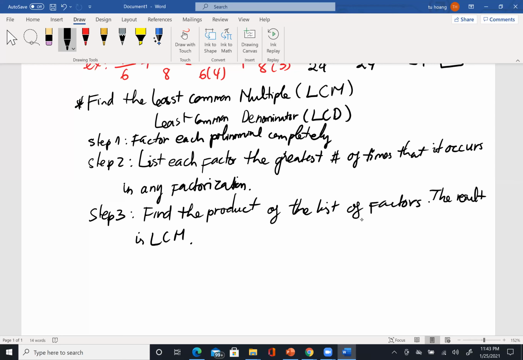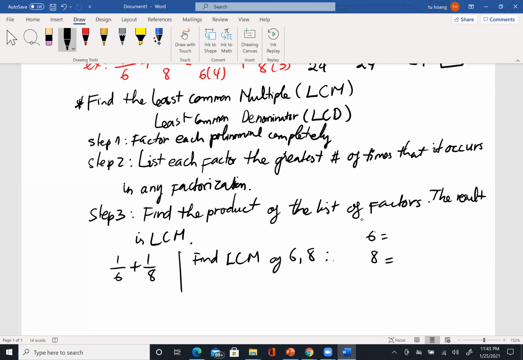Okay, so let's come back to the example 1 over 6 plus 1 over 8. In order to find the LCM of 6 and 8, let's list out 6 and 8 and factor them.